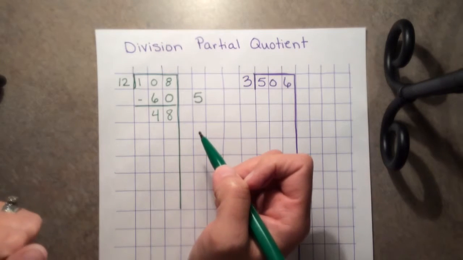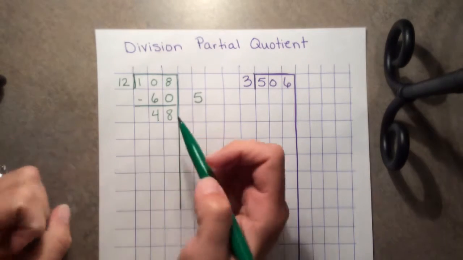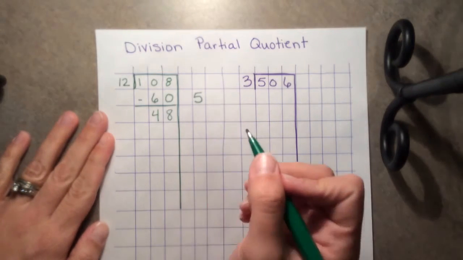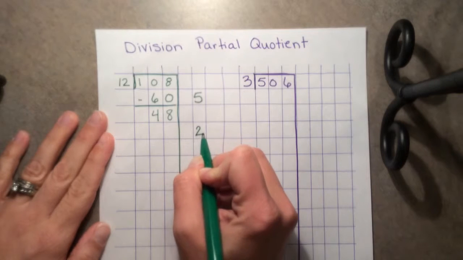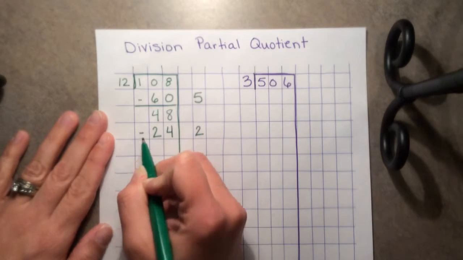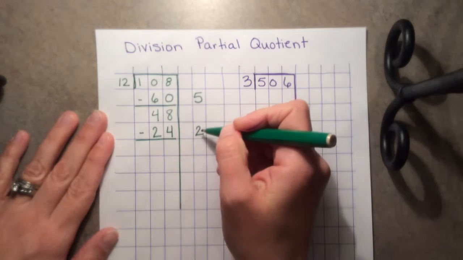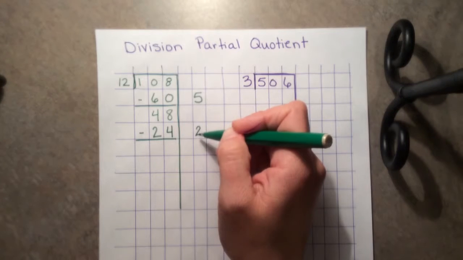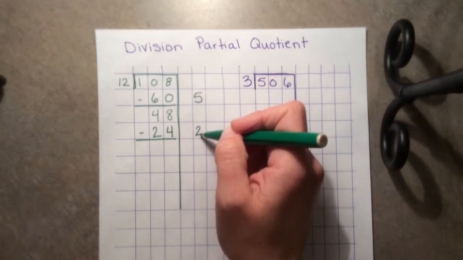Again, my student may not know their facts of 12, but they may know that 12 times 2 is 24. Again, on the outside of my bracket, lined up under my 5 in the ones place, I would put my 2 groups.